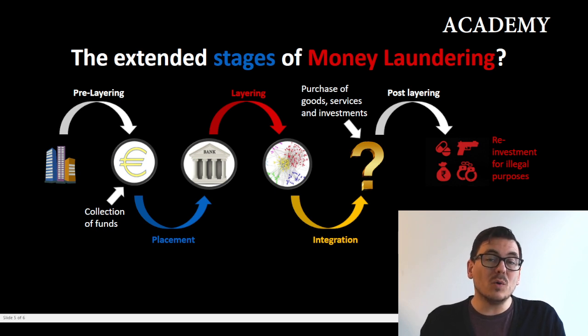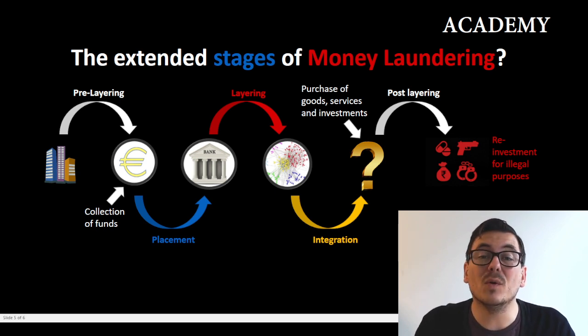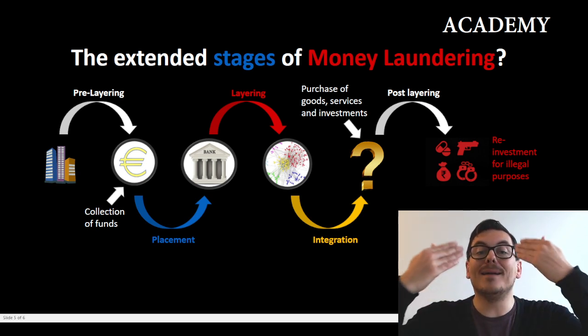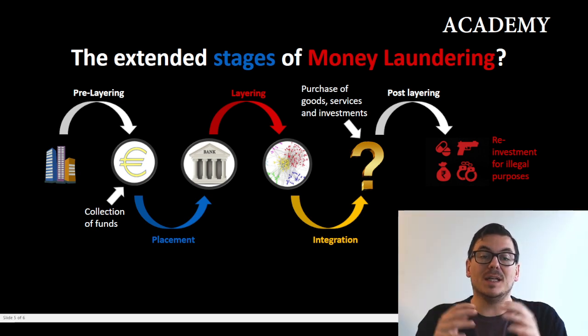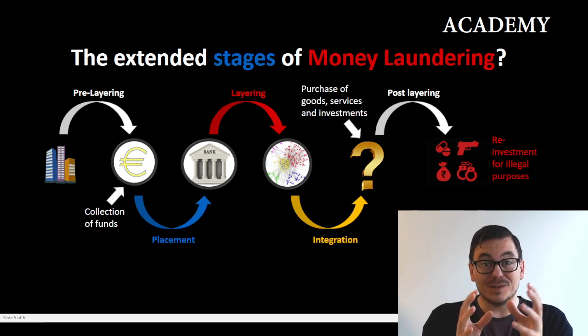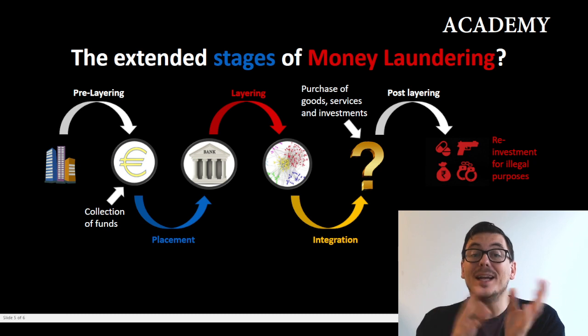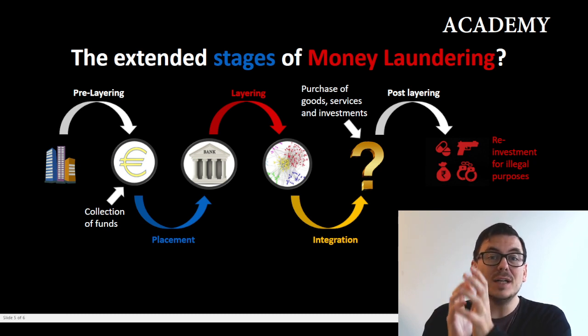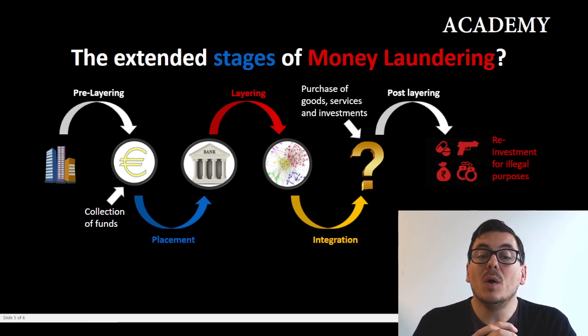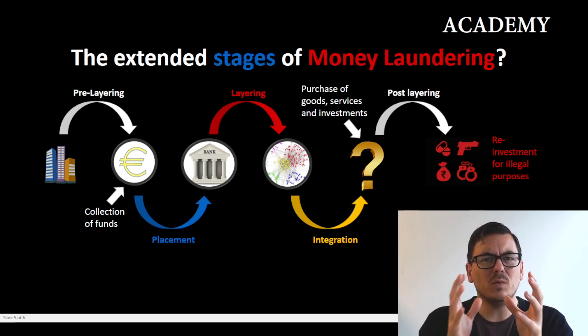So you already start the layering process before even putting the money into the bank to make the placement stage much easier. This could be that you take the illicit funds and already at a pre-layering stage try to mix and match them with some legal funds. In that sense, it becomes hard for the bank or whoever is guarding the financial system to see what is legal and what is not legal.